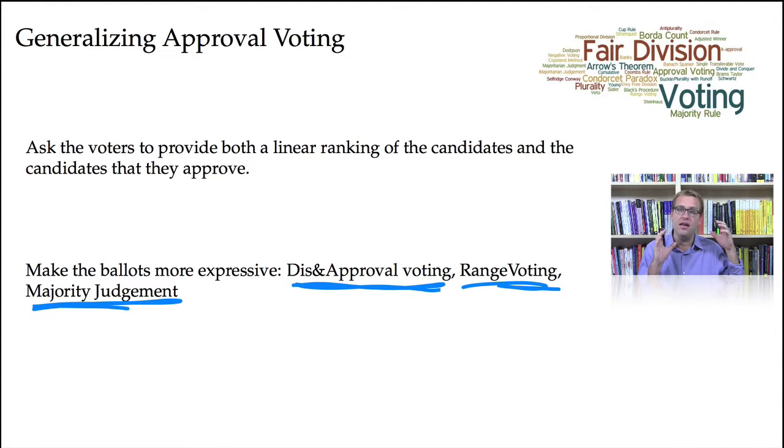So the idea is that rather than thinking of voting for a particular candidate, you think of voting as asking the voters to grade the candidates. So you have a set of grades, for example, A, B, C, D, and F, and you give an A to the candidates that you want to approve of the most, and B the second most, and so on. We'll look at these methods, both types of generalizations, in some upcoming lectures.